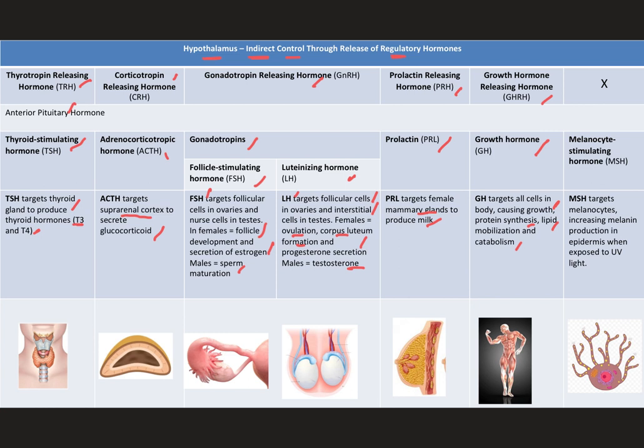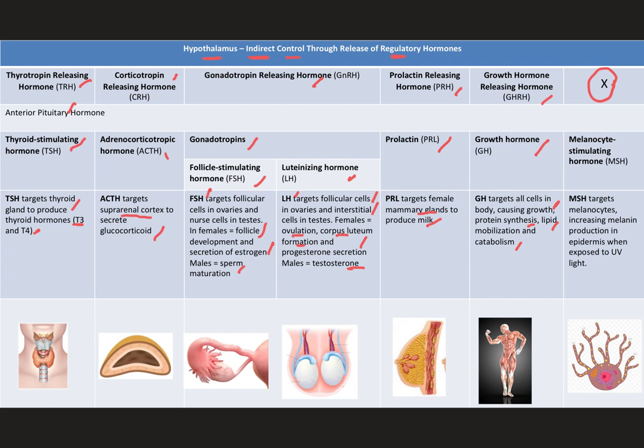The melanocyte stimulating hormone is a little bit different, and we will talk about it later on. It is released from the anterior pituitary gland, but not from the main part of the anterior pituitary gland. There is an intermediate part where it's released from. And this does not have a hypothalamus hormone that will stimulate the secretion of this hormone.